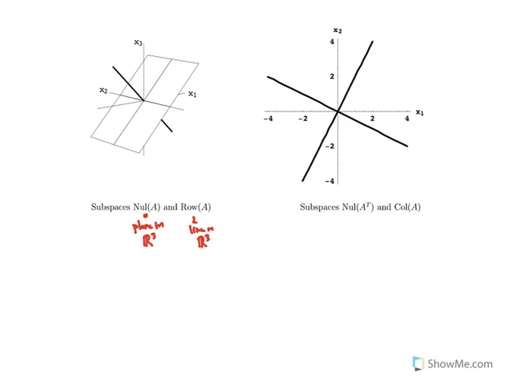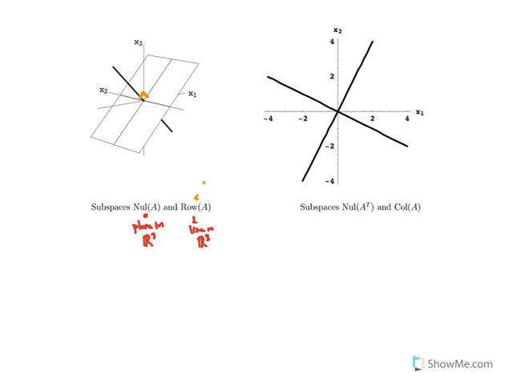And what's true about these is that they are orthogonal, or perpendicular subspaces. That line actually hits that plane at an orthogonal angle, at an angle of 90 degrees, or pi over 2 radians.